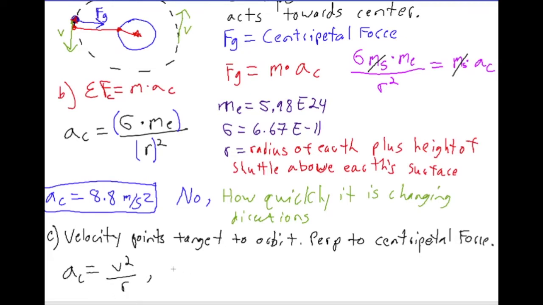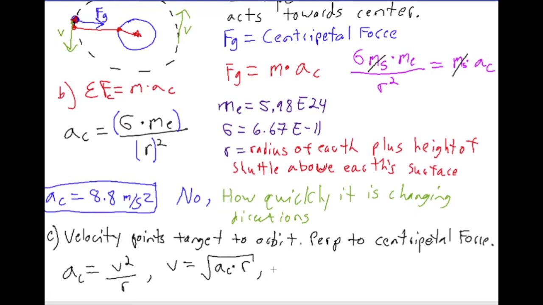Multiply r to the other side and then square root it. I find out that velocity is just equal to the square root of acceleration, centripetal acceleration, times r. And again, I just rearranged some variables to get this. I multiplied r over and then square rooted the whole thing.